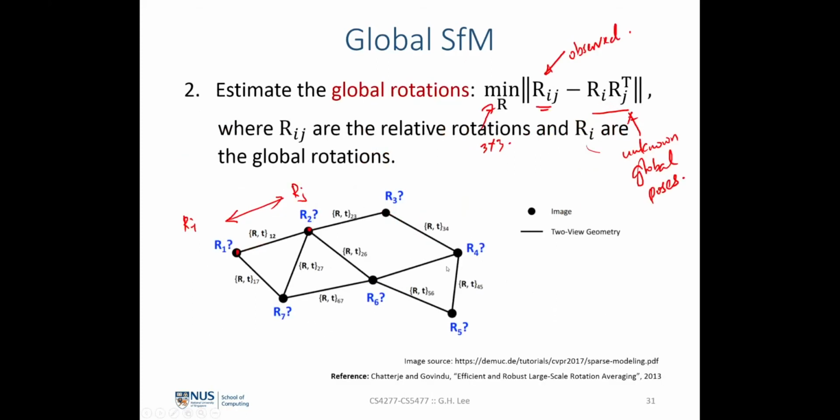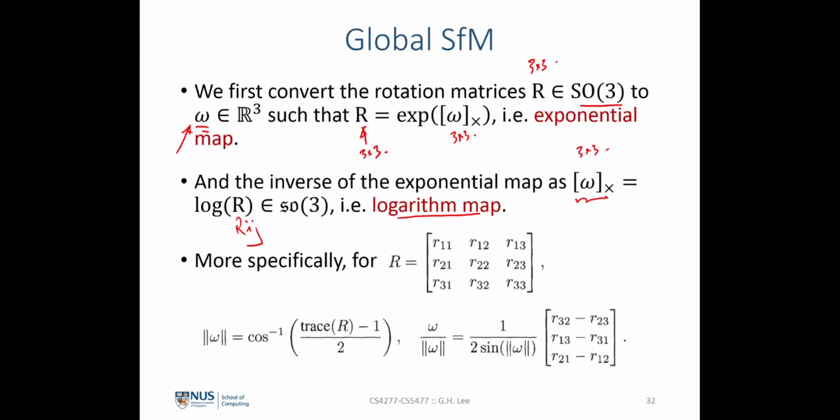And similarly, for the unknowns Ri and Rj, all the global rotations over here, we can put them into the logarithmic map to get omega. And more specifically, given a rotation matrix over here that looks like this, which is a 3 by 3 matrix, omega can be obtained from this equation over here.